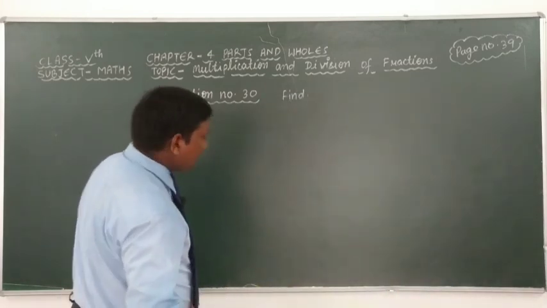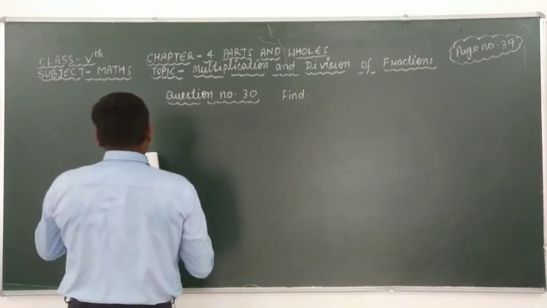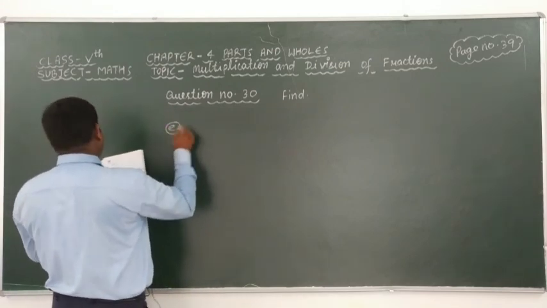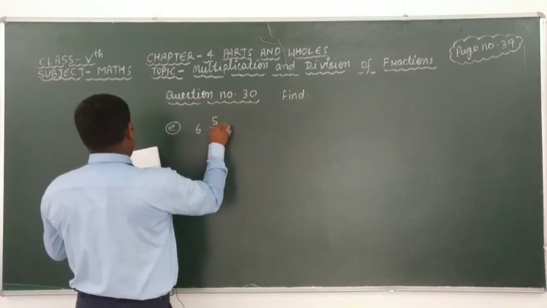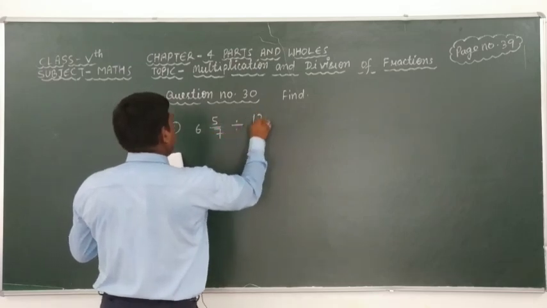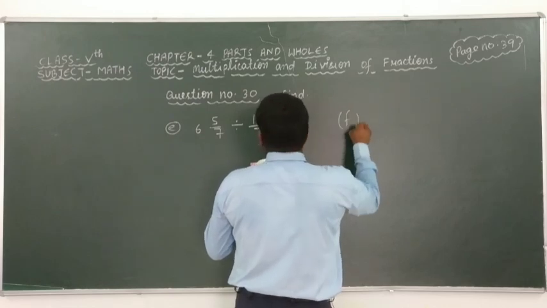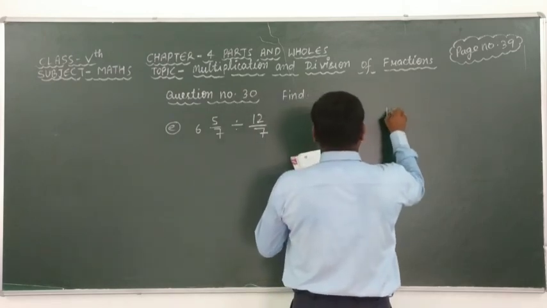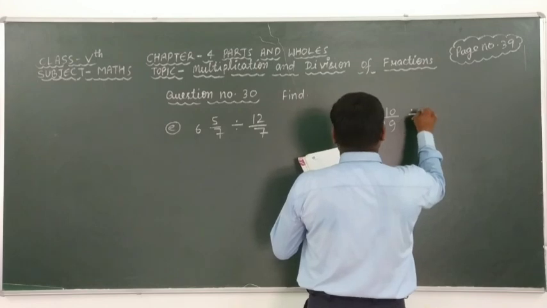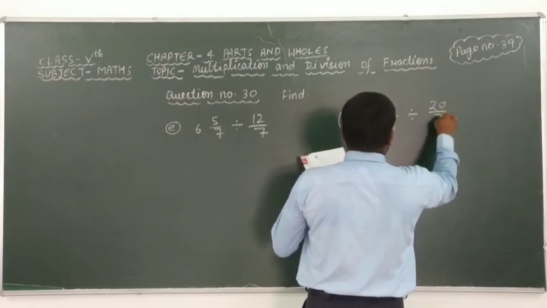Okay, students, question number 30 of E is 6 whole 5 over 7 divided by 12 over 7, and question number 30 of F is 10 over 19 divided by 20 over 7.